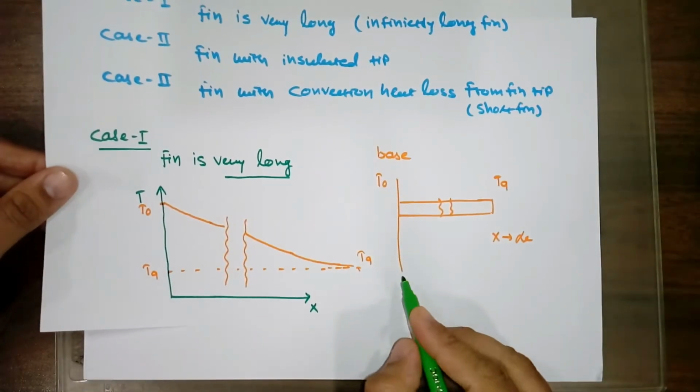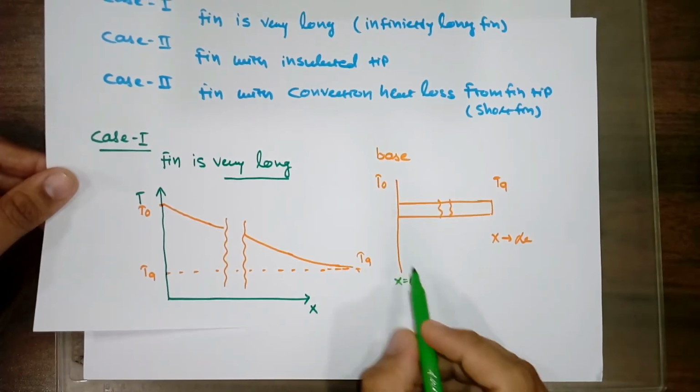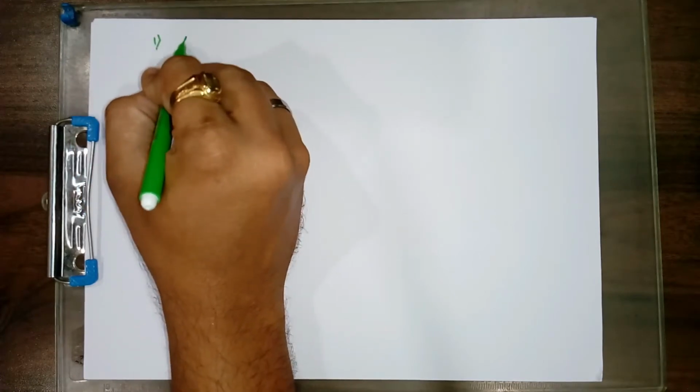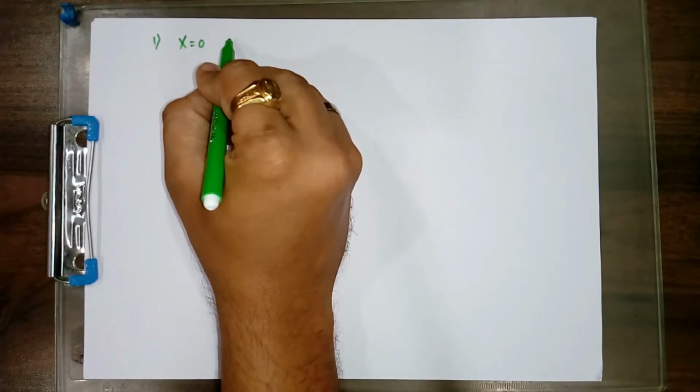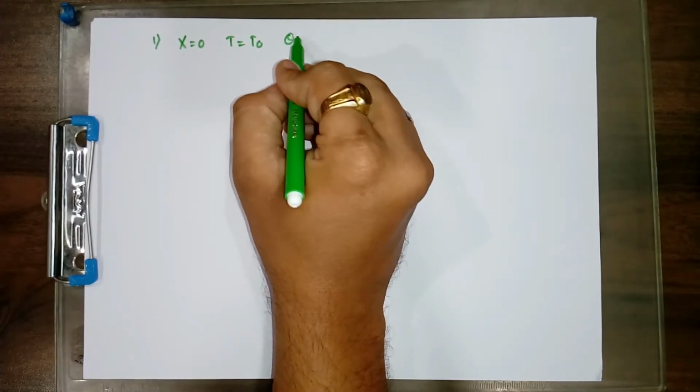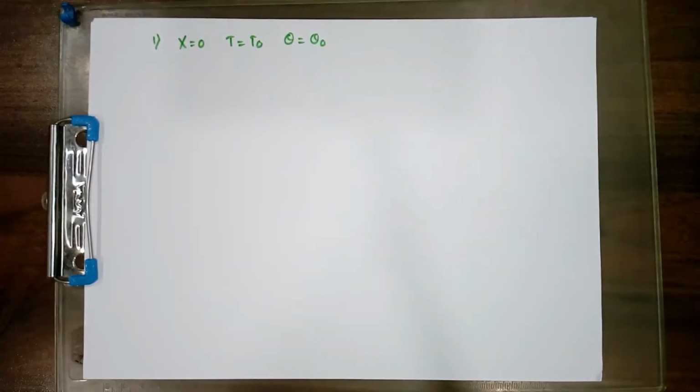So here, the first condition: when x is 0, our temperature is T0. So our first boundary condition, when x is 0, T is T0, or we can write theta equals theta naught.